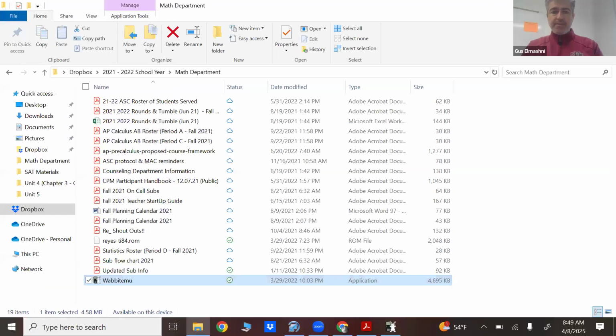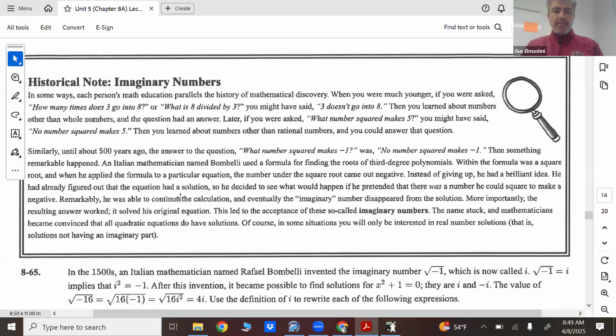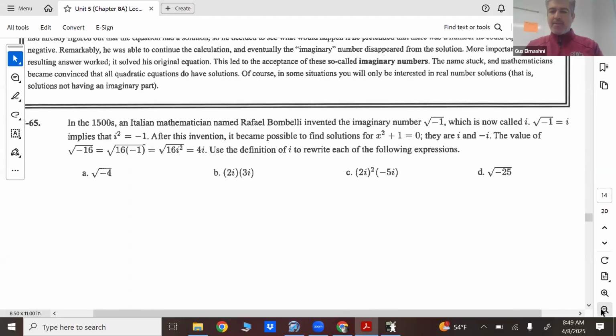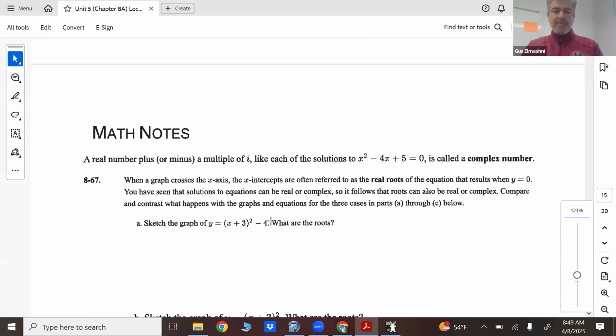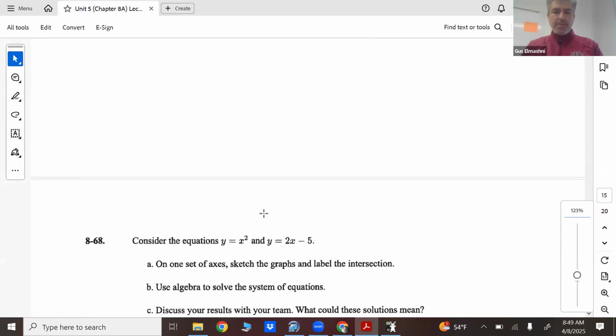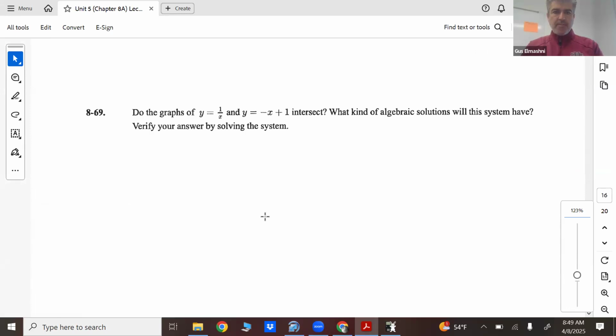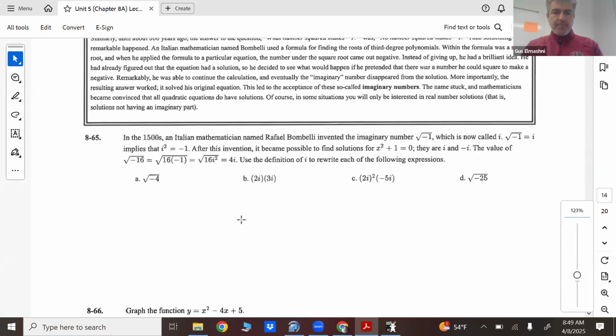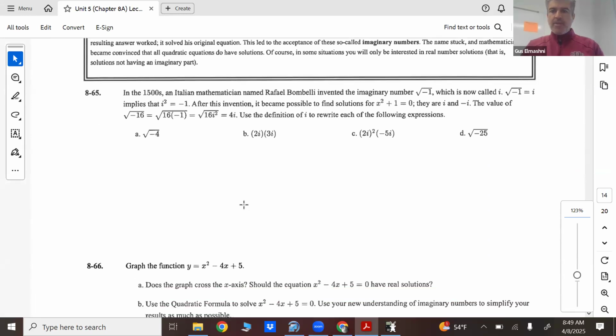So let's keep moving with this idea. Okay, history of imaginary numbers. Let's not read the history. I don't care for the history. I'm just trying to pace myself here. Okay, so we still got quite a bit to do, but we'll get through it. All right. Perfect. Here we go. So let's have someone else read. Sophia, can you read 865, please?